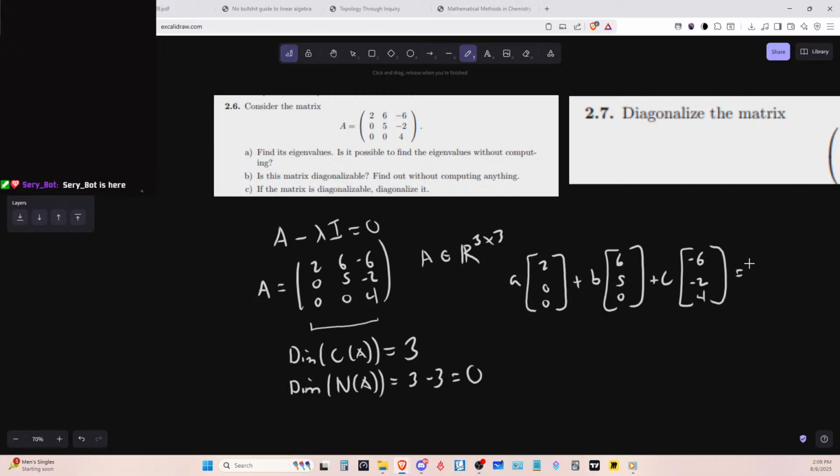The question is, what would their values be? I mean, this one would probably be the easiest to manipulate.